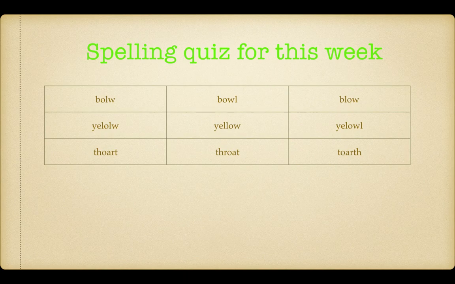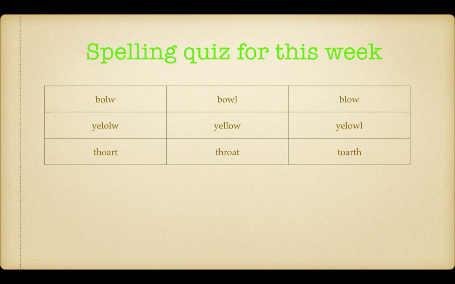Which box or rectangle has the correct spelling for the word throat? Is it the first rectangle, the middle rectangle, or the rectangle at the end? Which rectangle has the correct spelling for the word throat?